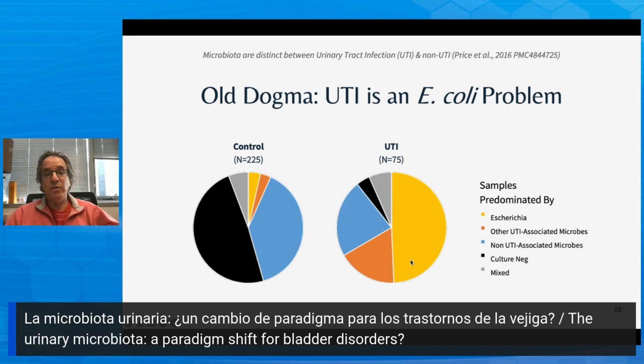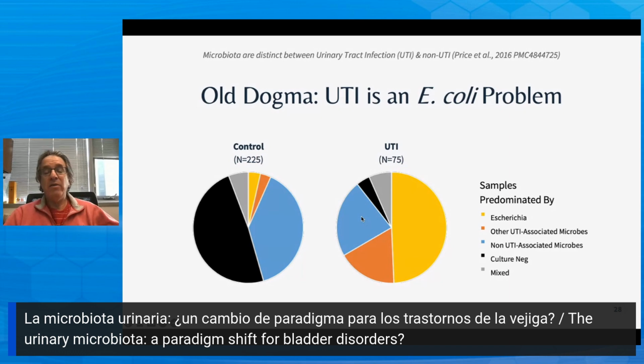And it is true that UTI is an E. coli problem. About half of these women were predominated by E. coli. And another, I don't know, 20% were dominated by other typical UTI-associated microbes. But these people had symptoms.